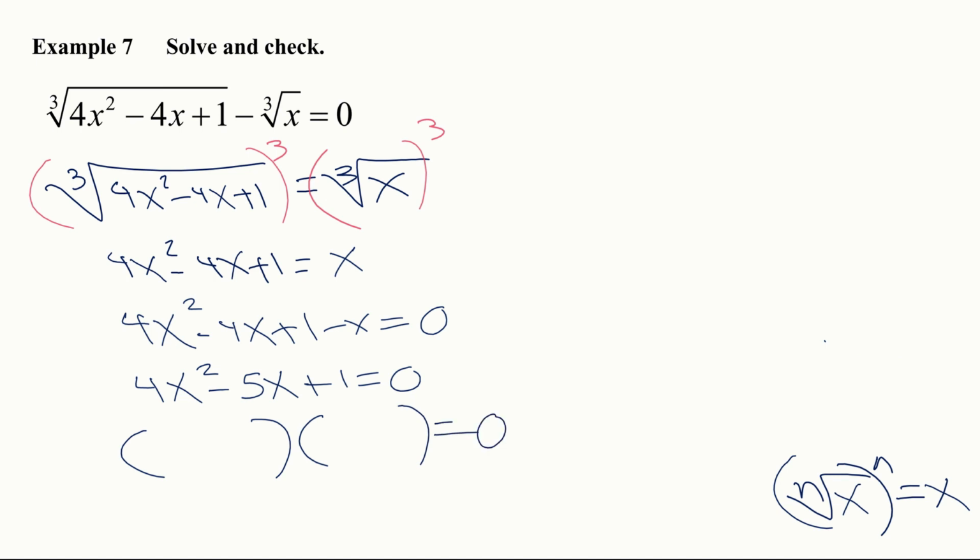Okay, so we can do 2x, 2x, or let me just try 4x and x. Now 1 is easy. It has to be 1 and 1, right? So notice that the inner product is x. The outer product is 4x. Notice how I'm not putting any signs. I encourage you not to do that either.